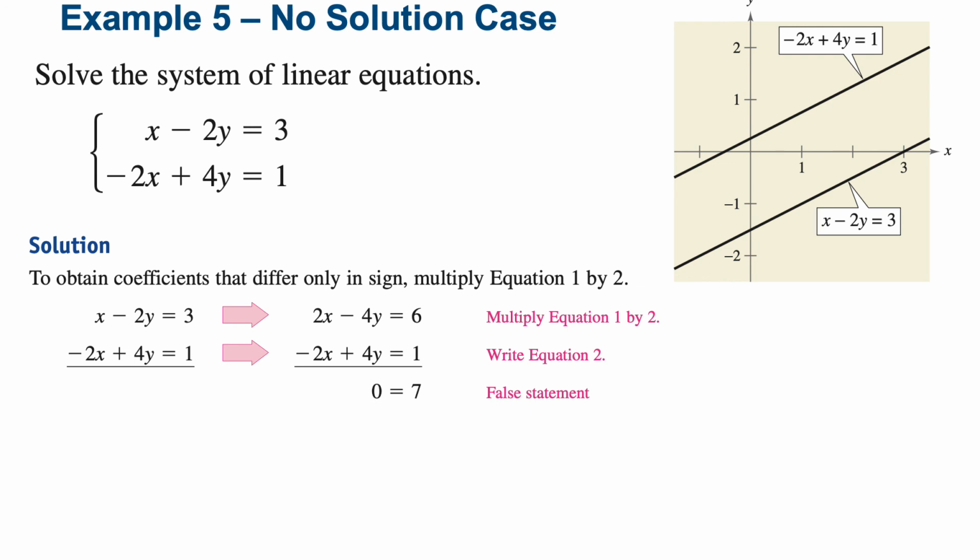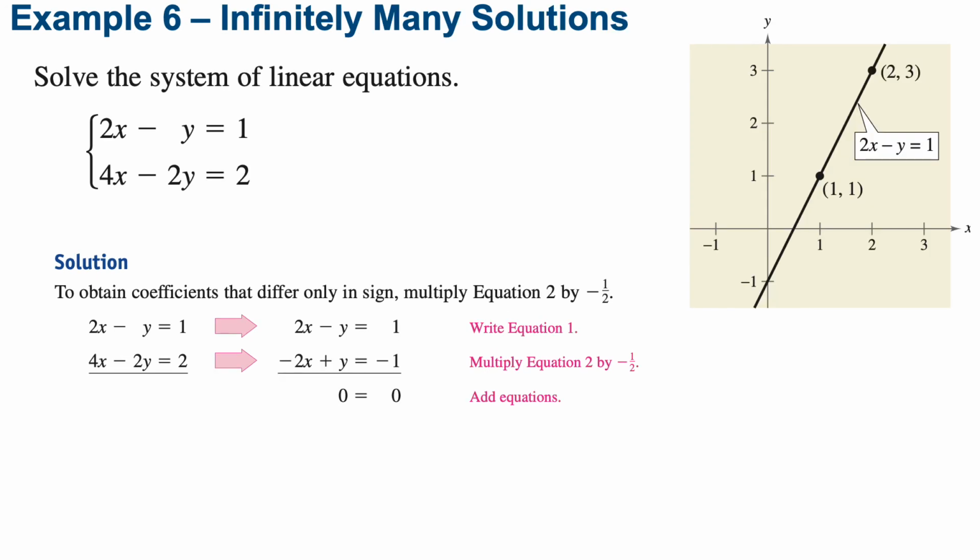Let's do another one. Let's solve 2x minus y is equal to 1 and 4x minus 2y is equal to 2. So let's go ahead. In this case, let's divide the second equation by -2, or multiply everything by -1/2. So if we did that, we would get -2x plus y equal to -1.